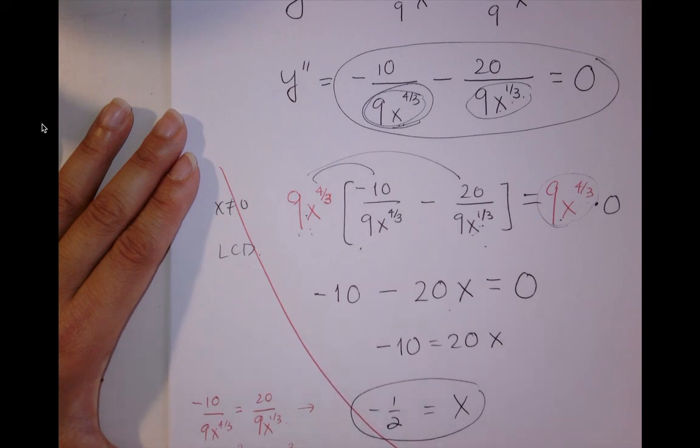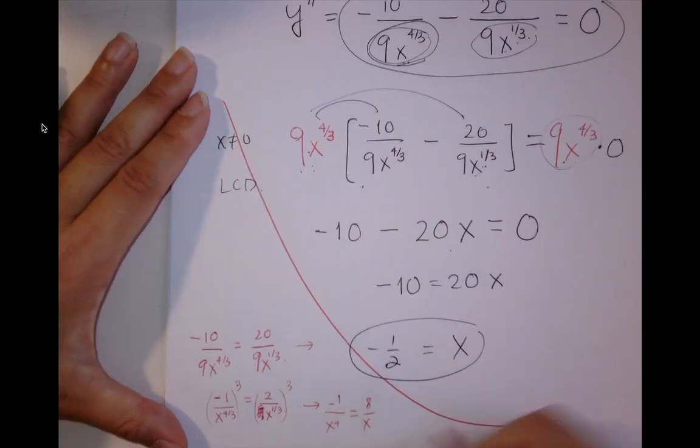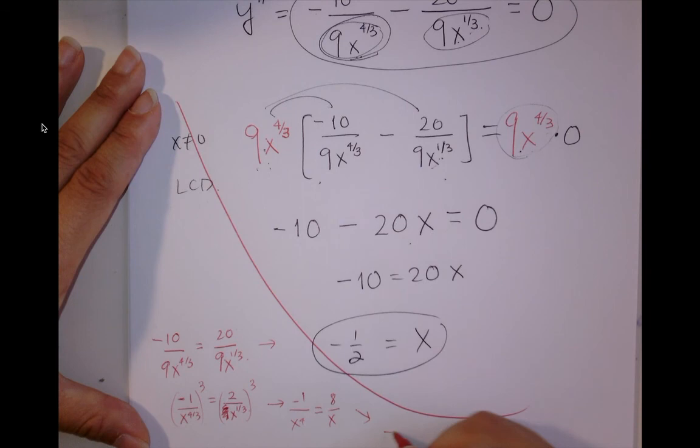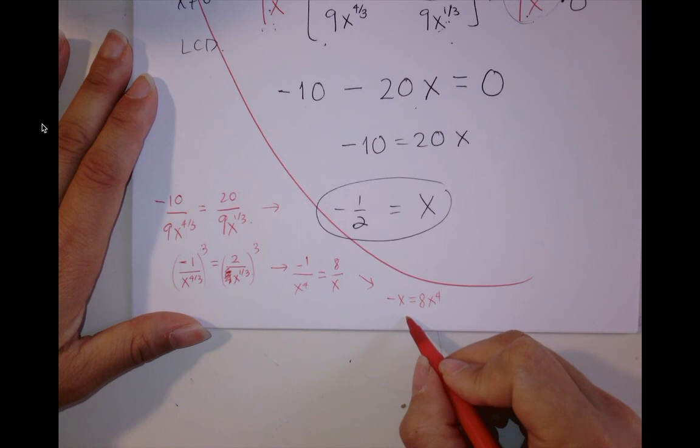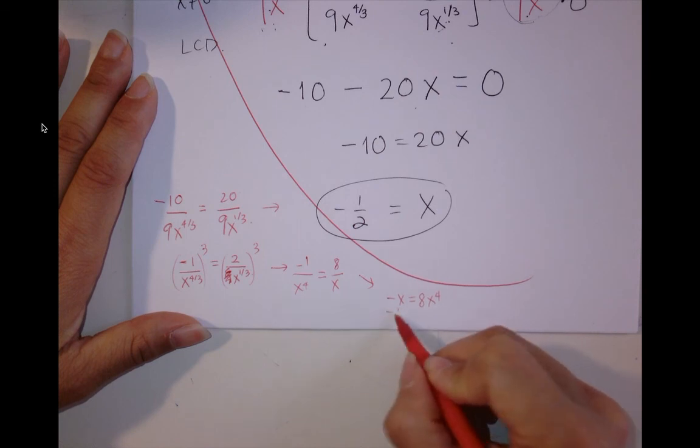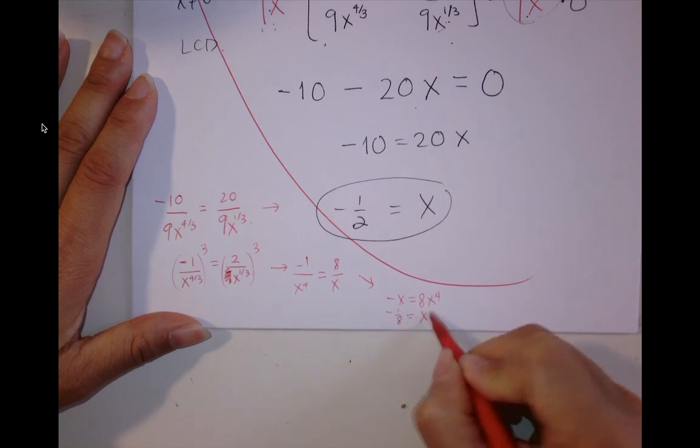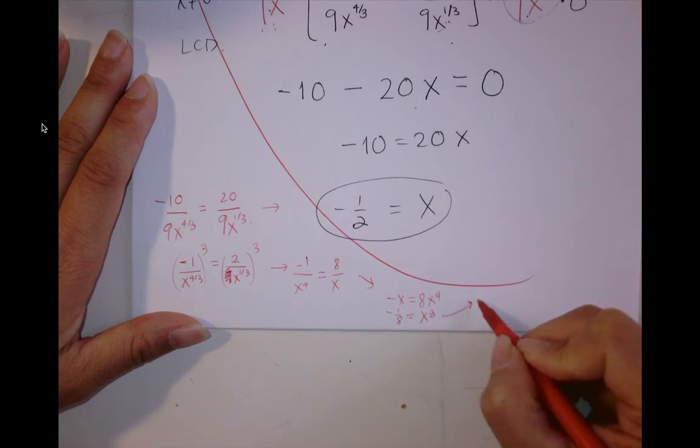So you get negative 1 over x to the 4th is equal to 8 over x, which tells us that negative x is equal to 8x to the 4th, which gives us, let's see, negative 1/8 is equal to x cubed, which basically tells us x is negative 1/2.